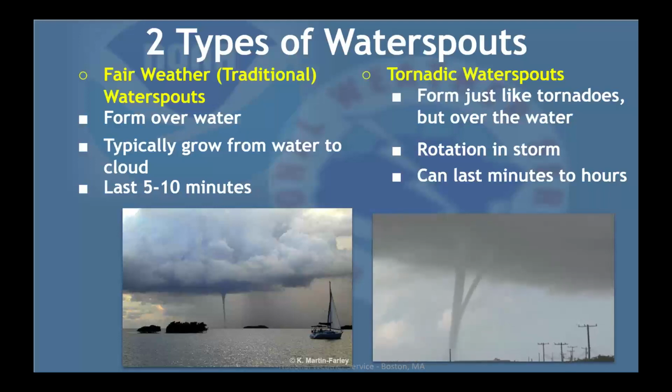What's going on in the clouds and in the atmosphere above the water doesn't know what's beneath it. So it just happens to be over water instead of land, and that's the only difference. These form because there is rotation in the actual storm, and duration-wise, they can last much longer. They can be short, minutes. They can also last hours.